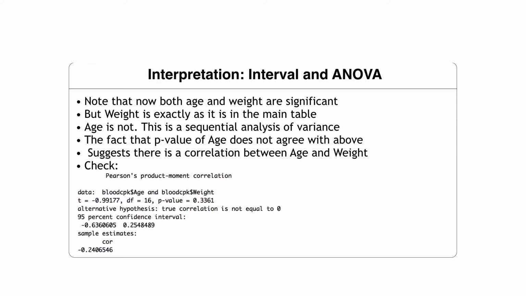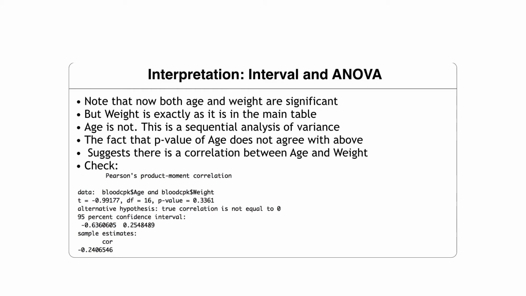And when we start putting age and weight into the ANOVA, we see that the weight is exactly as it is in the main table, because weight was the first variable that we had put into the regression model. Then we added age. So when weight is used in the ANOVA model and then the weight is estimated, at that point the regression coefficient or the significance values are very similar to the ones that you see here.